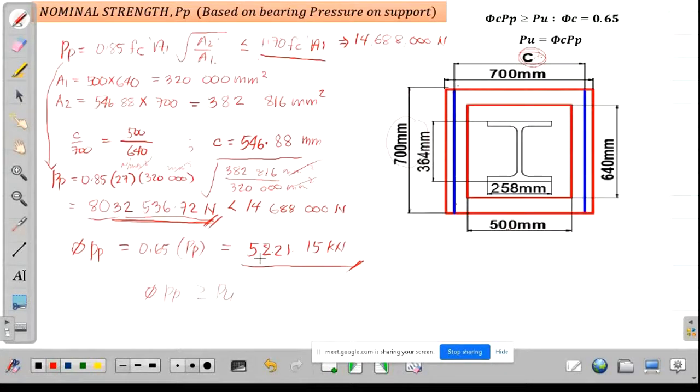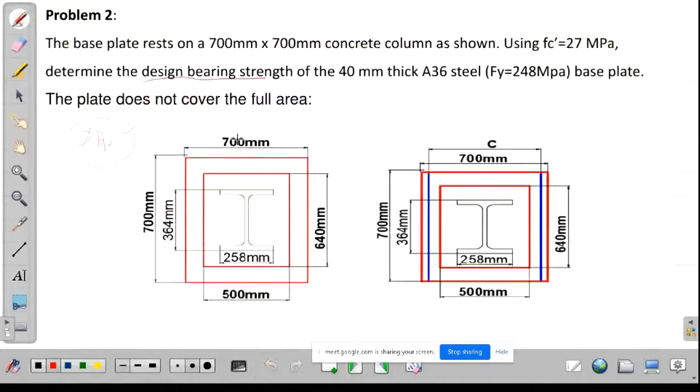So if this is our PP, our PU is equal to this value. If I just add the question on the ultimate load, you can also get the ultimate load using this. But I think our question is the design bearing strength.